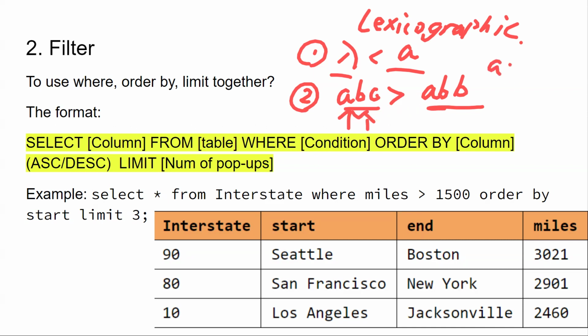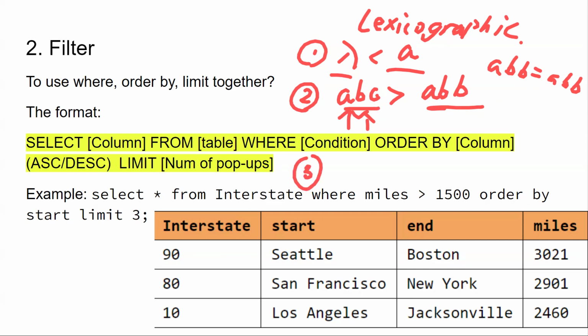Only when the length matches and at corresponding places the letters match can they be equal. For A and B, they are equal. For C and B, C comes later than B, so C will be greater.